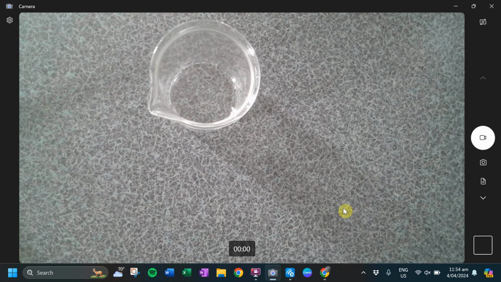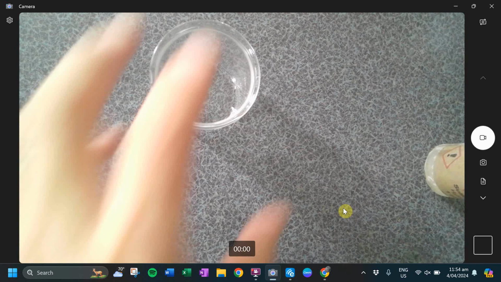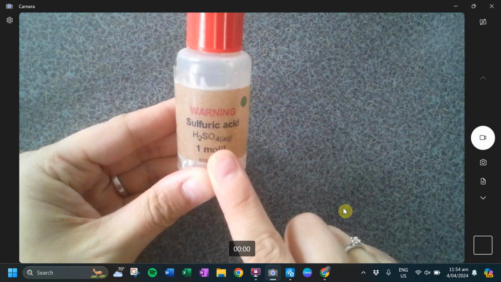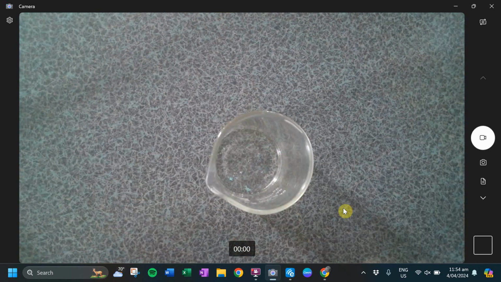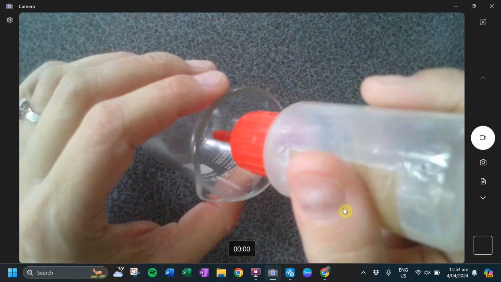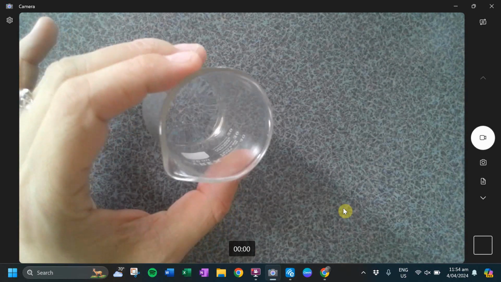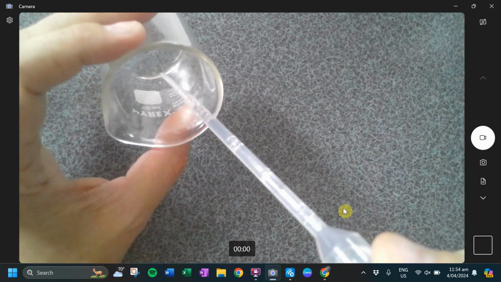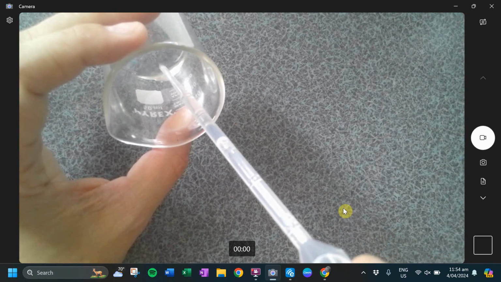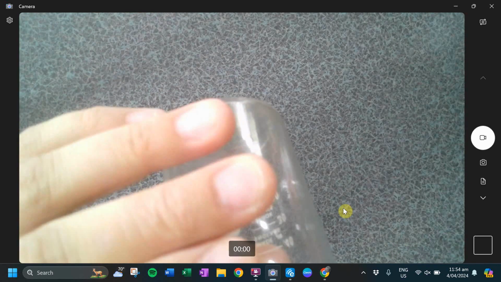If I want to double check, you know how you can double check? If you have a sulfate, which I might, okay, here we go, sulfuric acid. Sulfuric acid has sulfate, correct? I'm okay with giving you guys known compounds if you want to compare and contrast. That's a sulfate. It should hopefully precipitate.